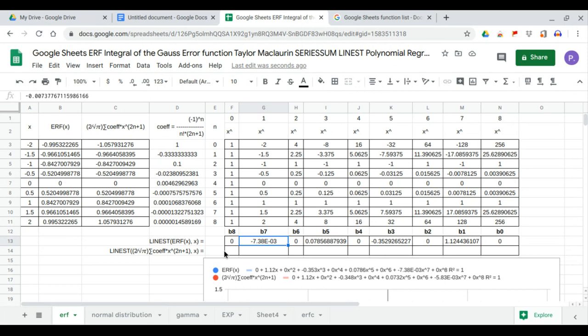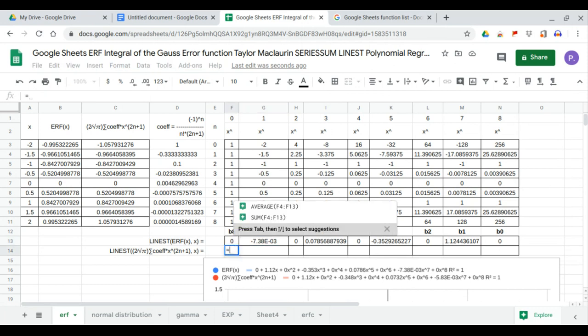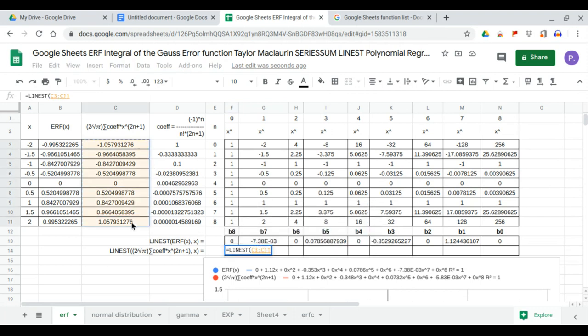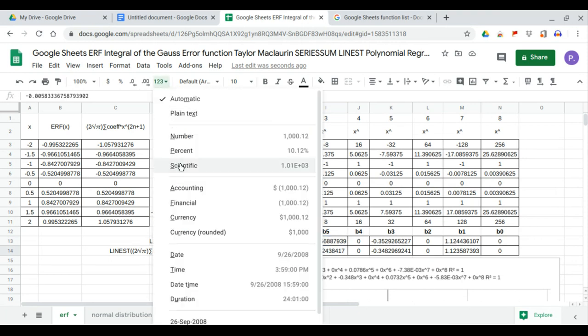Now we go to LINEST of the expansion. So LINEST of the y values and the x values. You'll notice there we have the same value of 0, almost the same values of B1, almost the same values of B3, same values, but this will be a little different.